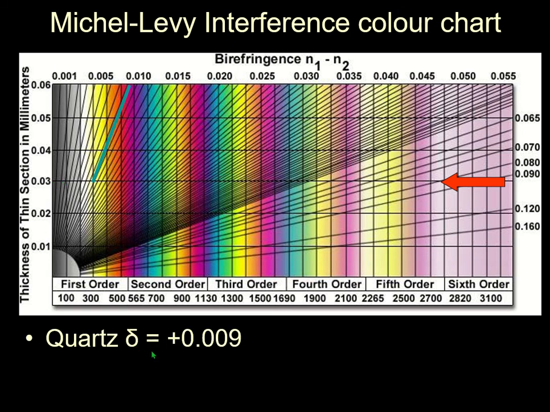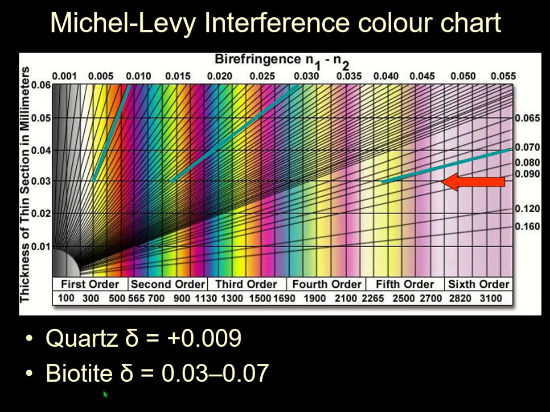Quartz. The birefringence is about 0.009. It's not a lot. That's here. And so in a thin section, it's this color. So it could be like white or washed out yellow, but it's always about here. Okay? So that means you don't see any of these crazy lights when you're looking at quartz.